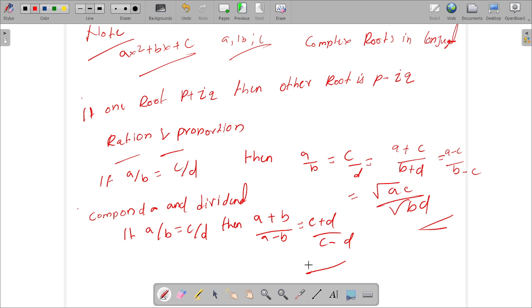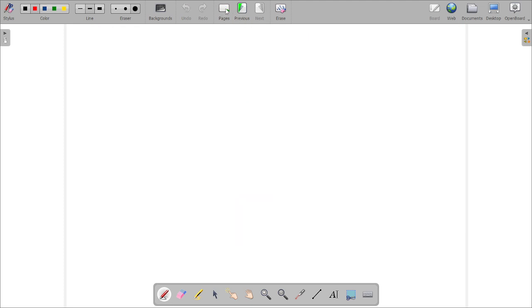So if they give summation in the form of a ratio, or you can do alpha plus beta by alpha minus beta, if alpha and beta are the roots, in that format, or else you can take one example.